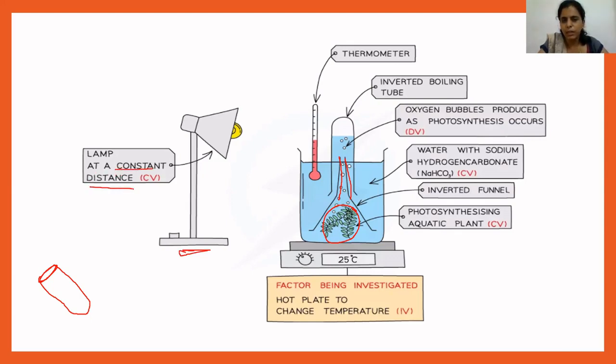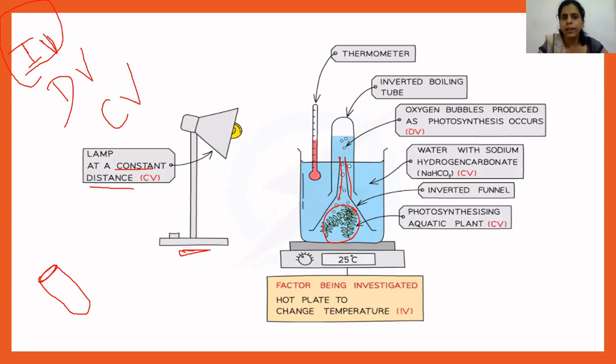Now remember this thing very well, that whenever we perform any experiment, we have three types of variable in that. One is independent variable, then dependent variable, and last one is controlled or constant variable. Generally only one factor, or only one variable, is considered as the independent variable.